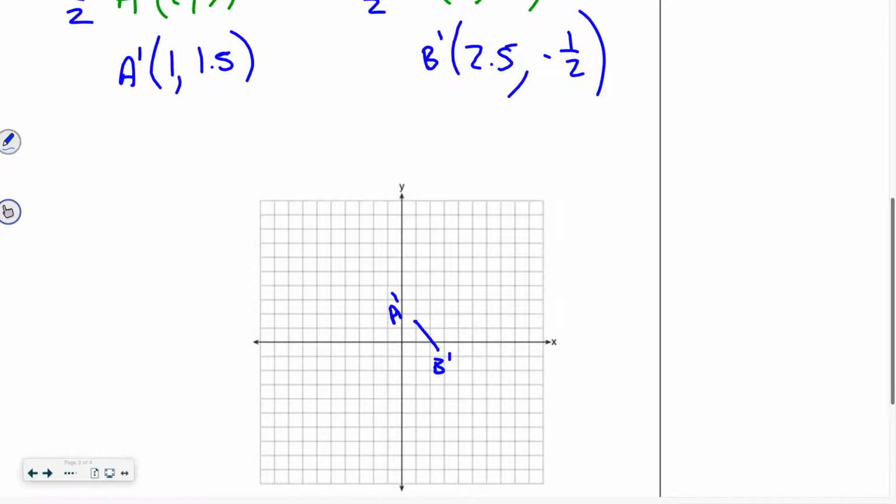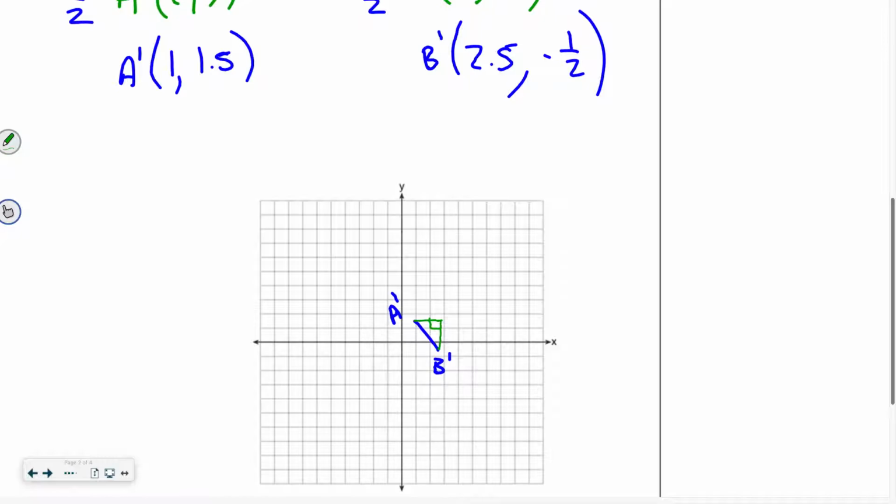Okay? Now, how do I find the length of a diagonal? This is actually simpler than you might think. Remember, all I have to do here is create a right triangle in order to use the Pythagorean theorem. Okay? And we have a right angle up here. Right?